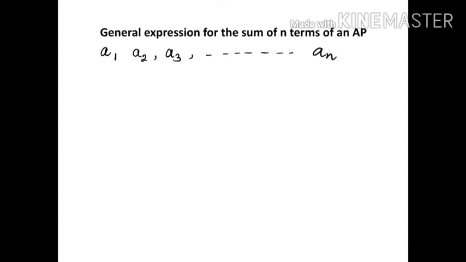Remember that an AP is a list of numbers in which the next term is obtained by adding a common difference d to the previous term. So we can write this AP as the first term a, the second term as a plus d, the third term as a plus 2d, and so on, the nth term as a plus (n minus 1) times d.